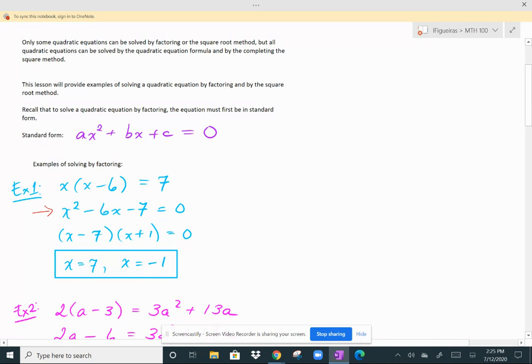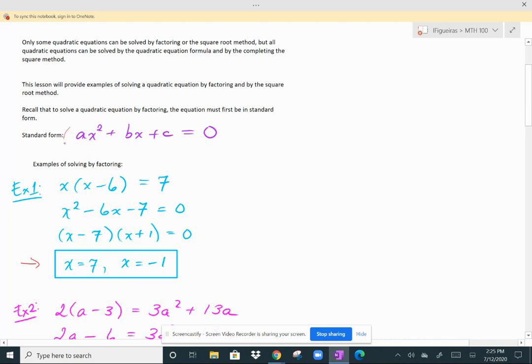So I need two numbers that multiply together to give me negative 7, but when I add them, I get negative 6. So that's going to be negative 7 and positive 1. So there are my factors. Then set each factor equal to 0, and you get two solutions. x is equal to 7, and x is equal to negative 1. So you will always get two solutions with a quadratic equation.